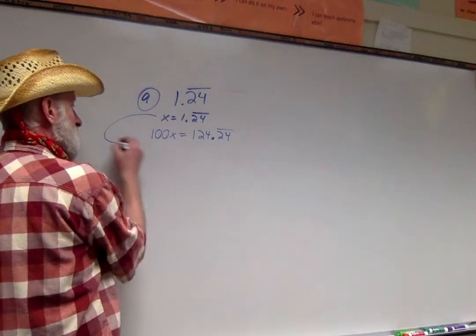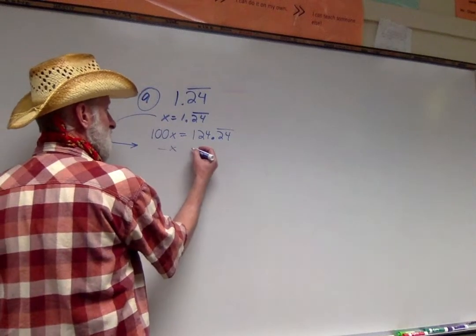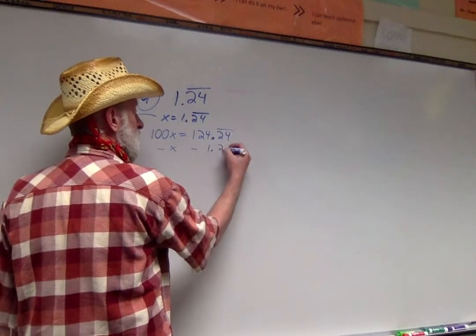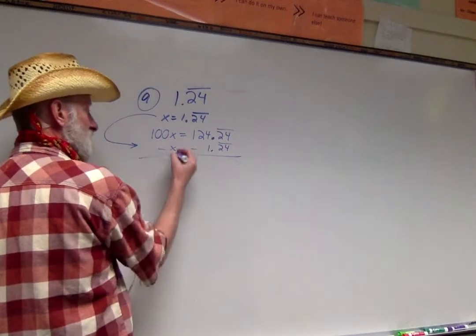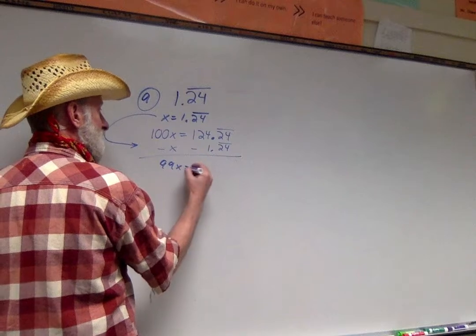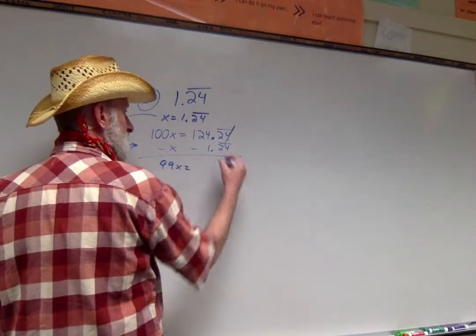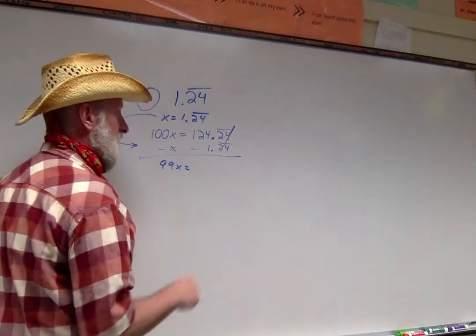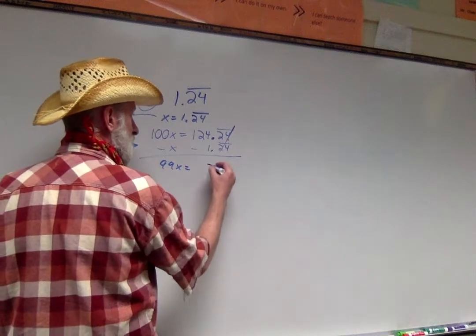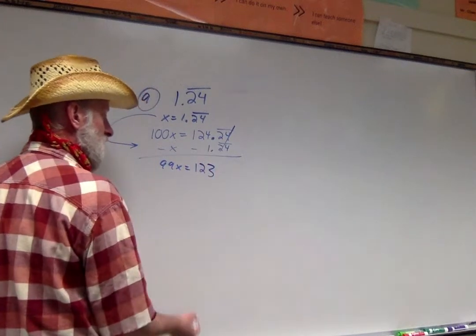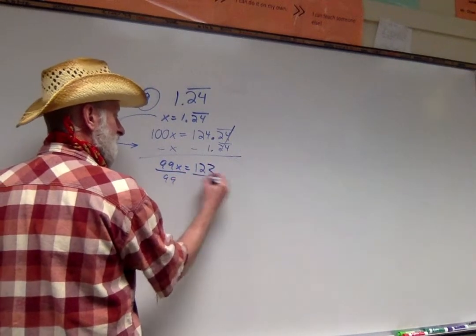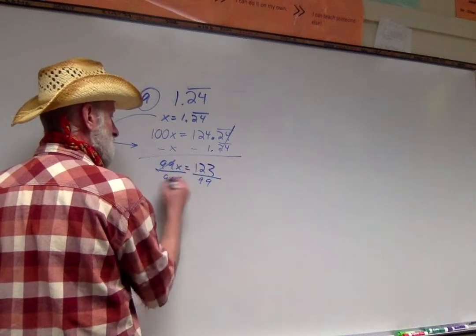Now, I'm going to go back, take my original value for x, and subtract that from both sides. 100x minus an x gives me a 99x. Now, these guys are going to cancel each other right out. We're going to get rid of that repeating bar. 4 minus 1 is 3. I think we're at 123. Now, to isolate x, we'll divide both sides by 99.